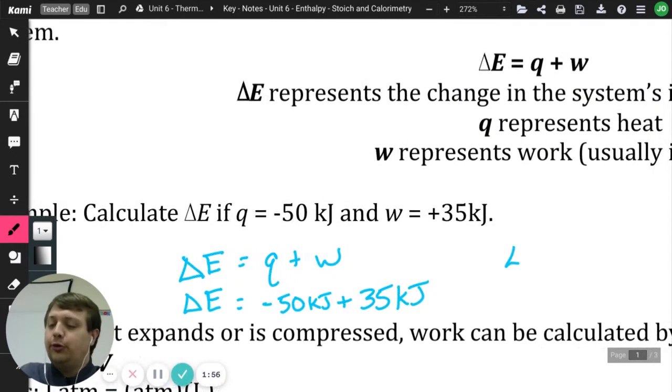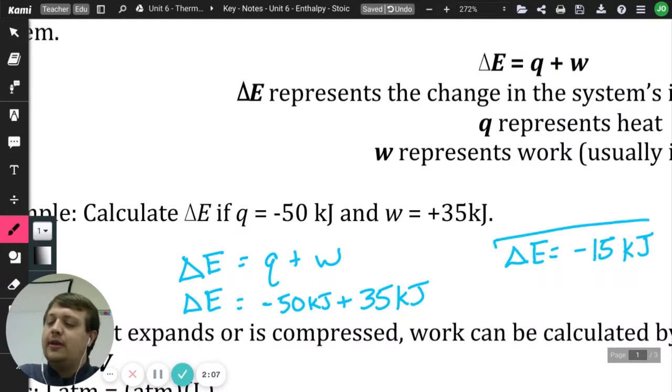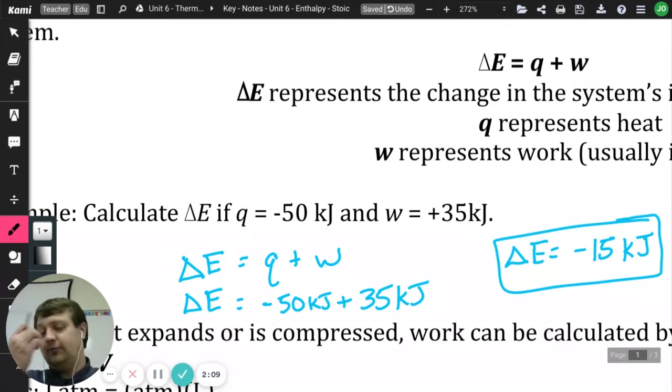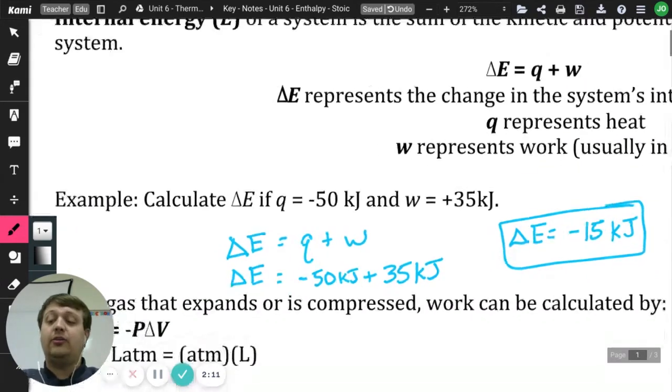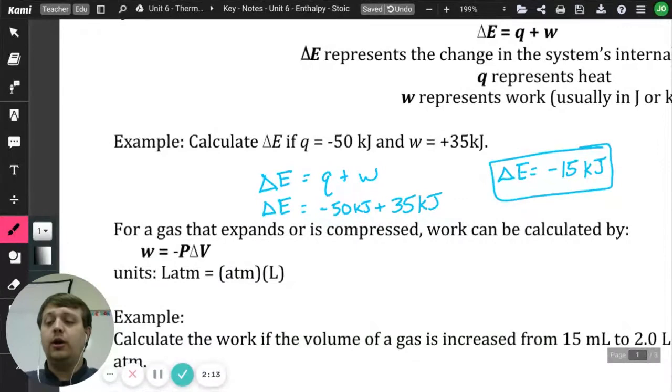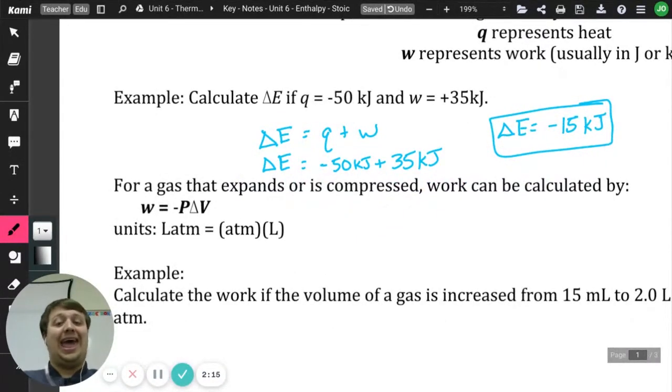So my total change in energy is going to equal negative 15 kilojoules. Okay, so then this would be our answer in terms of just that change in energy. Okay, so very, very simple, very straightforward. Just plug in your numbers and add.